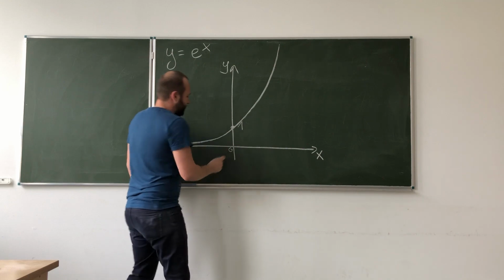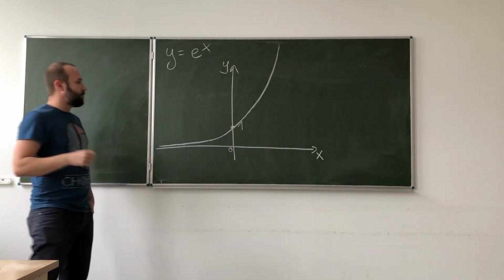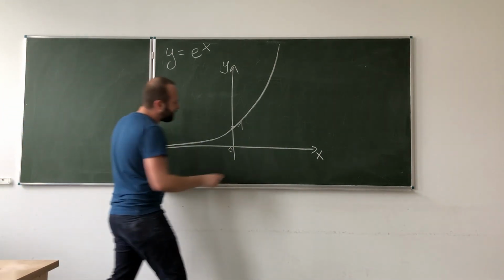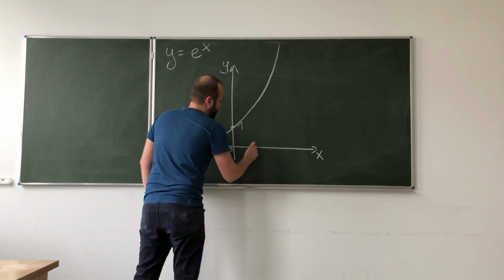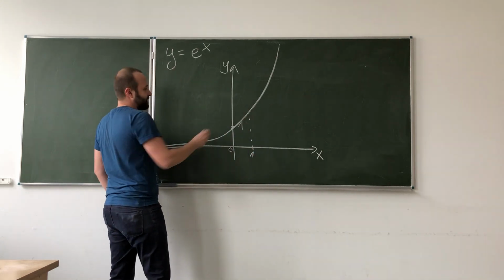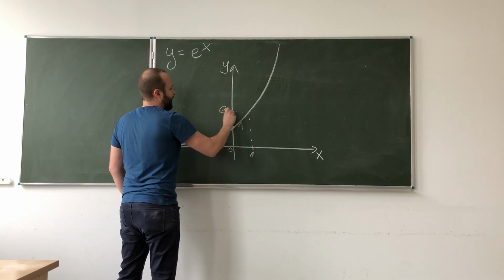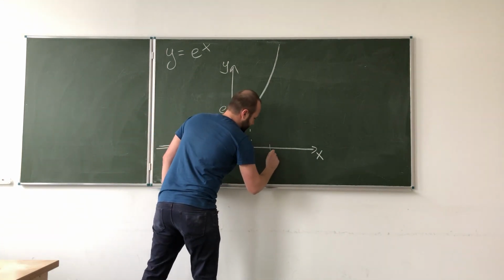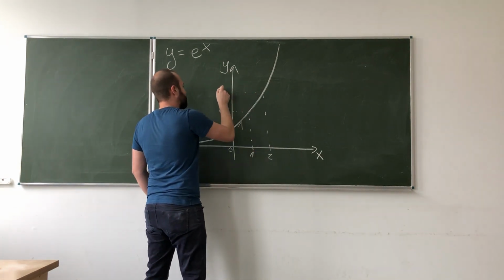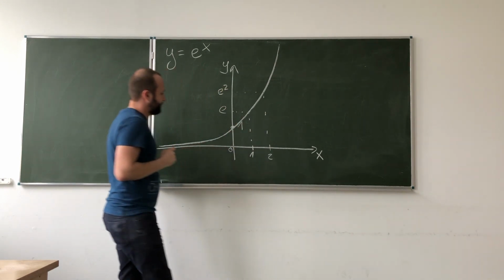But look, we haven't used it in examples before because it's very inconvenient. Because, for example, if x is 1, y is e. If x is 2, y is e squared.